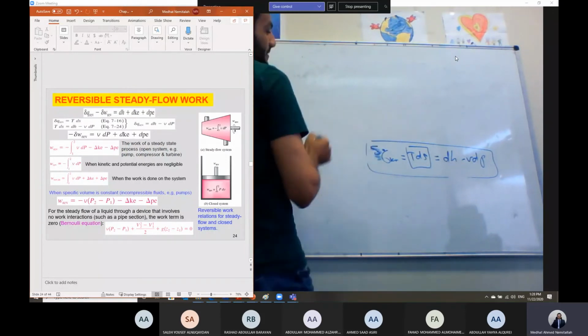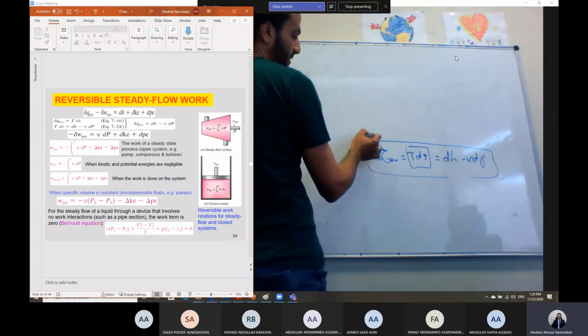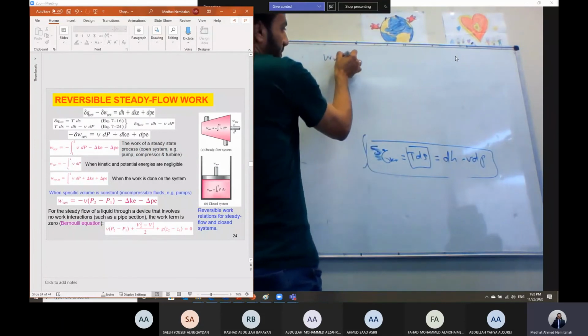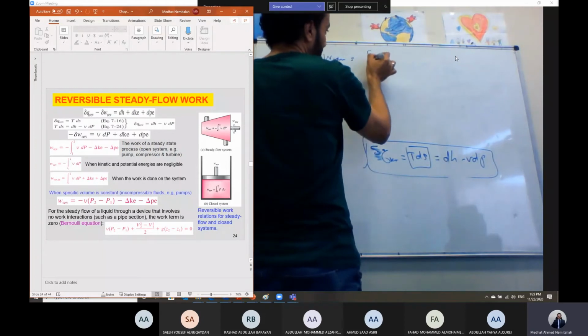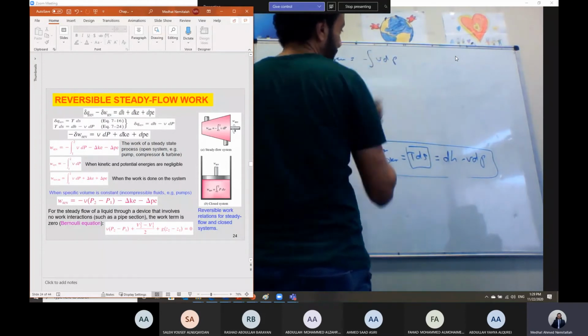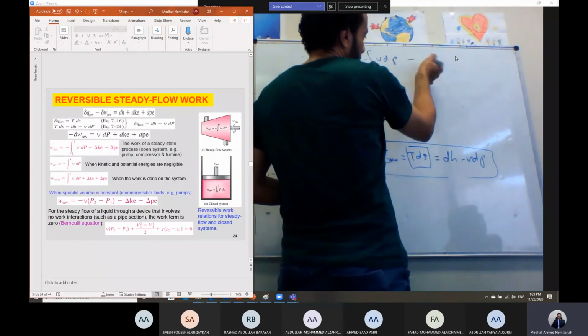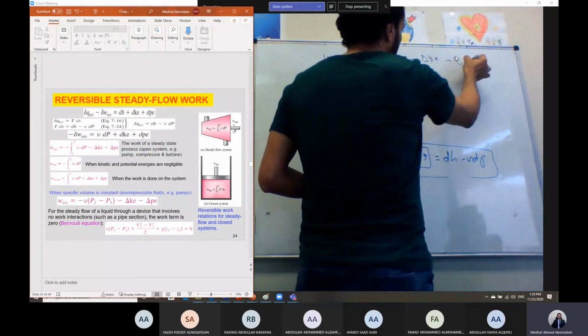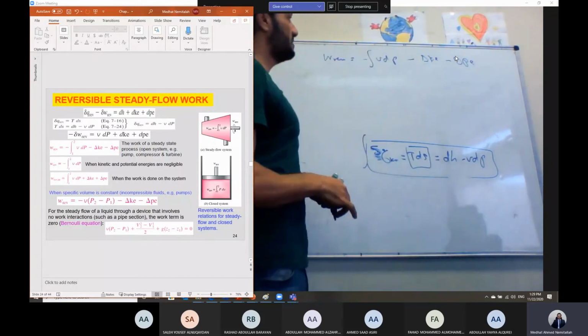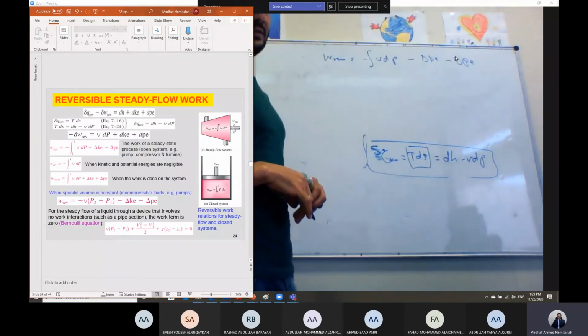So here we can say delta q, if I integrate, then the reversible steady flow work will equal the integration of minus VdP, plus the change in kinetic energy, minus the total change in the potential energy in this case.